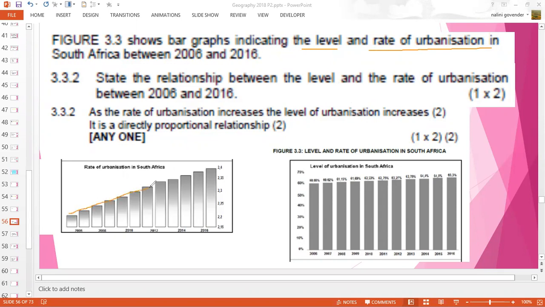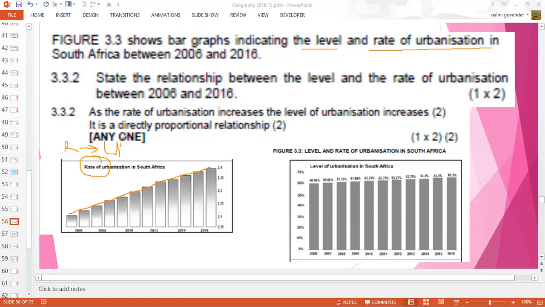Over the years, the rate of urbanization is certainly increasing, which means that more people are moving from rural areas into urban areas. More people are moving from rural areas into urban areas.